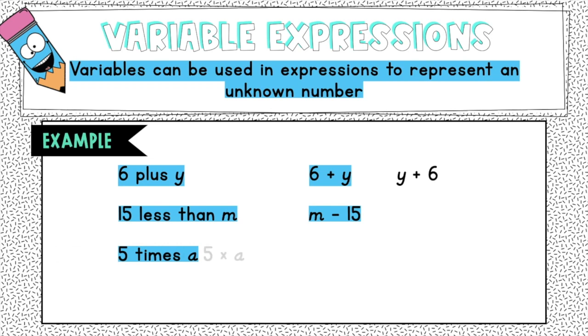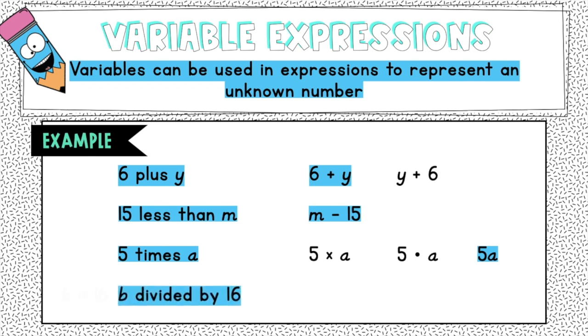5 times a can be written in a couple different ways. We have 5 with the multiplication symbol that's an x or a dot, but you can also write 5 times a with just the letter 5 pushed next to the variable a. Whenever a variable follows a number, like in this example, we can know that they're just being multiplied. We just don't write the symbol between the number and the letter.